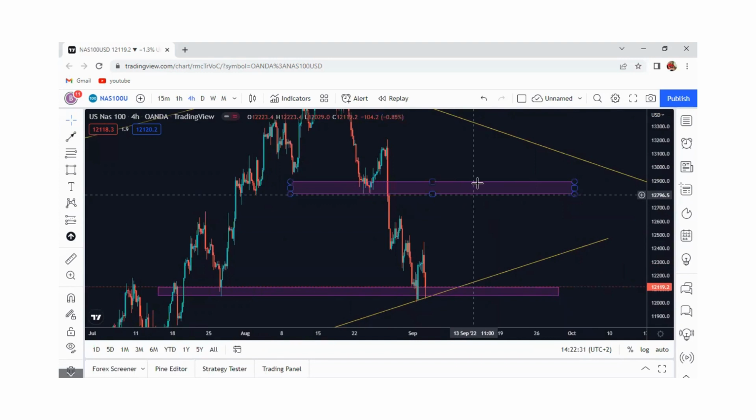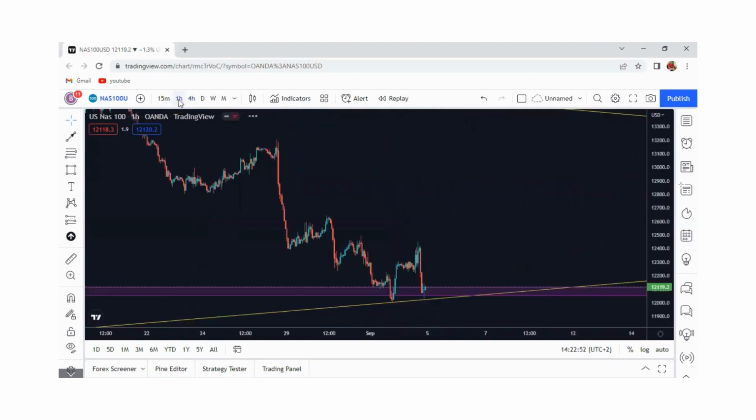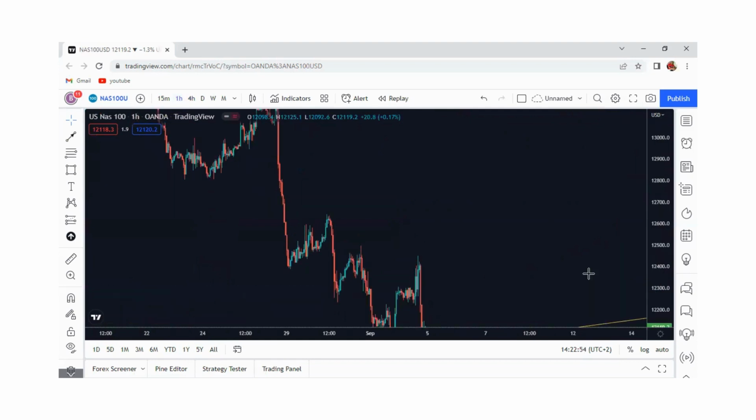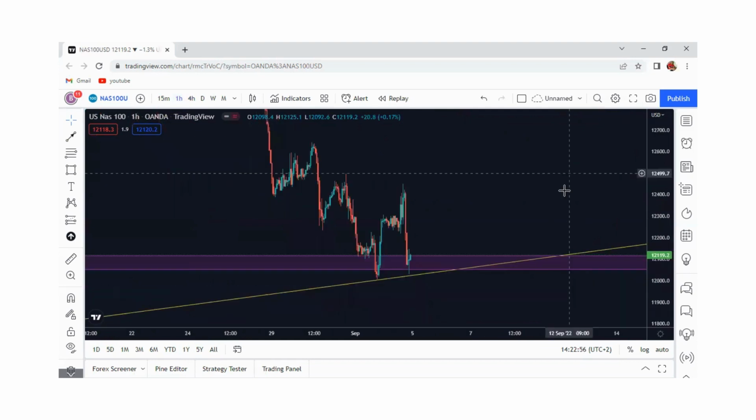But when it breaks this zone here, that's when I will start looking for buy opportunities. But for now, still looking for sell opportunities. Let's just go to the 15 minutes. So let's start with the 1 hour so we can see what's really happening here.